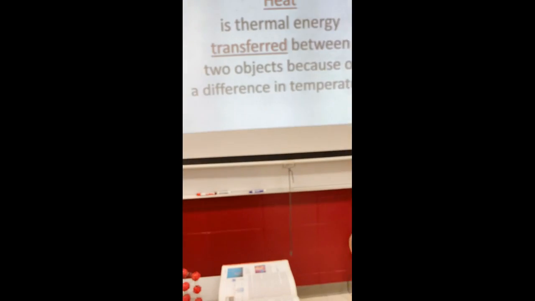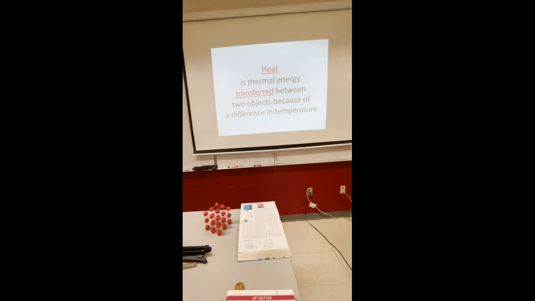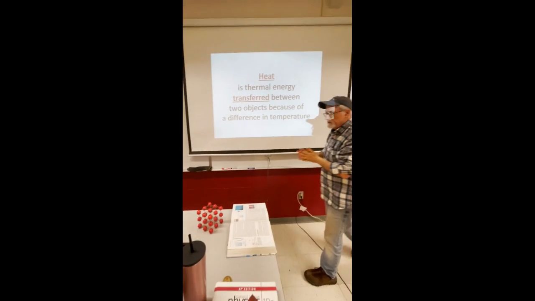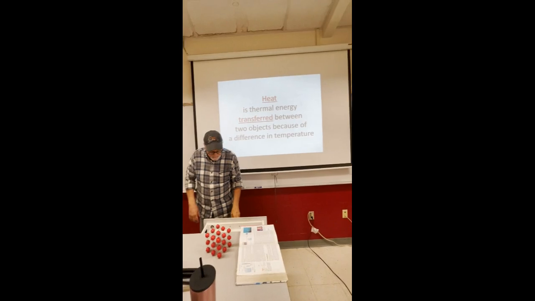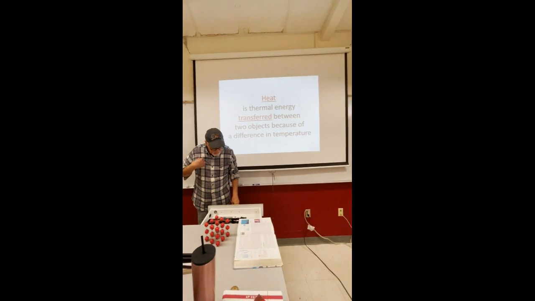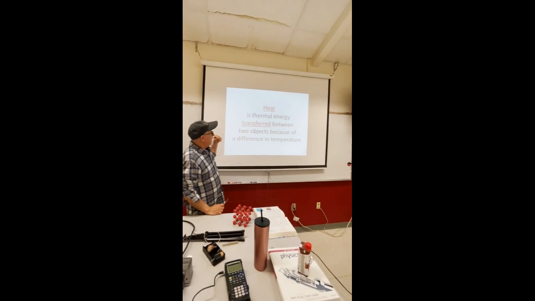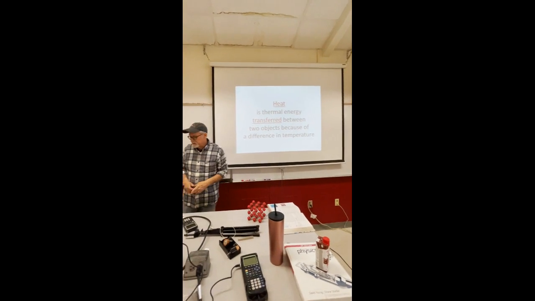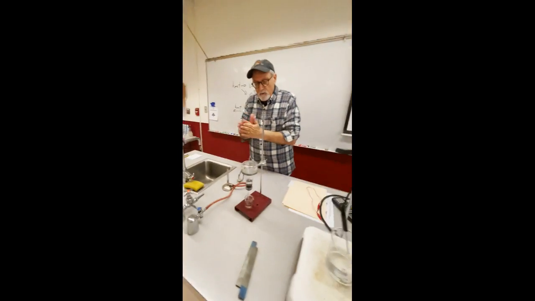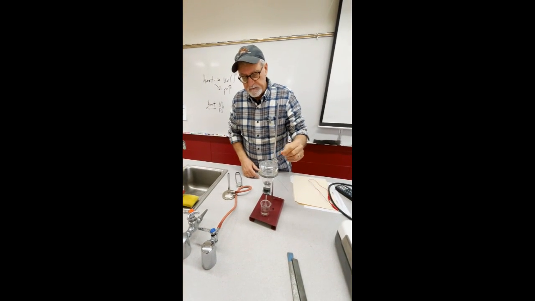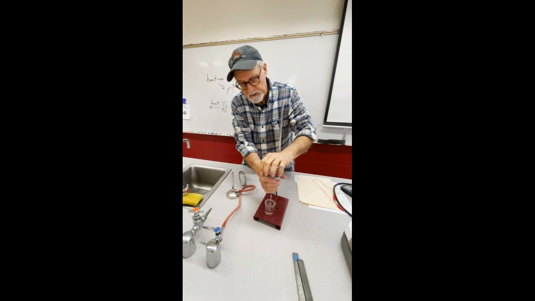So our first big idea is thermal energy. That's the total energy of all the particles in an object. And heat is the transfer of thermal energy between two objects because of a difference in temperature. Which was at a higher temperature? When I first brought this out of the ice, my hands were at a higher temperature than the glass.